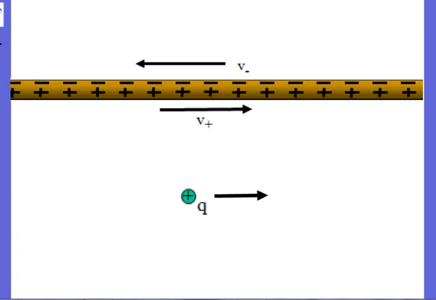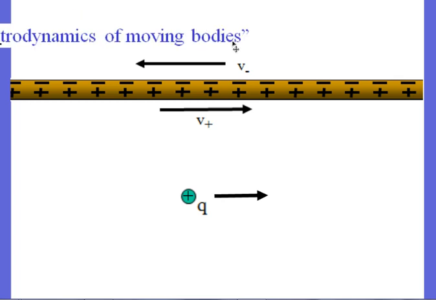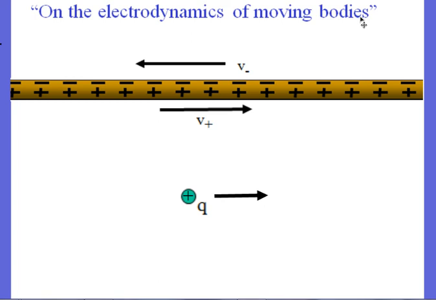And finally, this is the cherry on top. Here is the coup de grace. No heads will get cut off. The creme de la creme. This is Einstein, when he wrote in 1905 his famous paper which established special relativity. The actual name of that paper was On the Dynamics, the Electrodynamics of Moving Bodies.